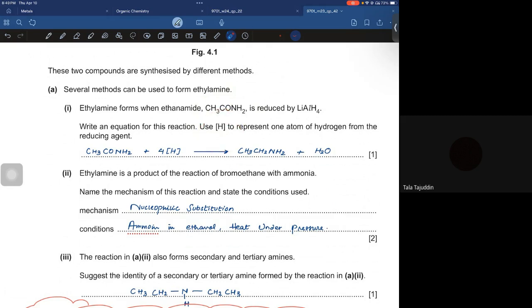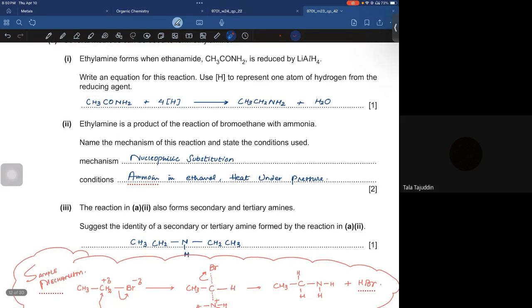So when you reduce this amide, ethylamine would be formed. This is the formula for ethylamine, and the rest of the product would be water. That's it, so 1 mark only.